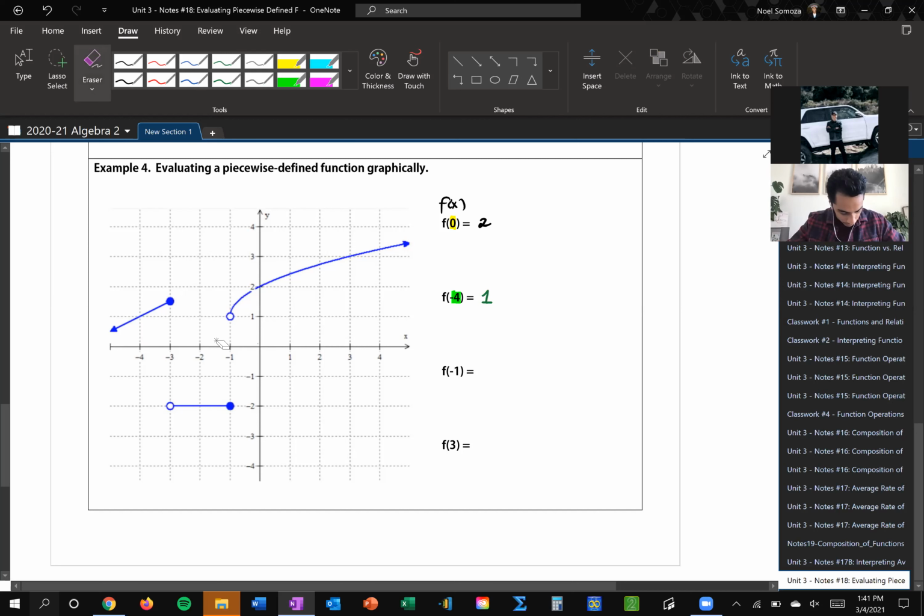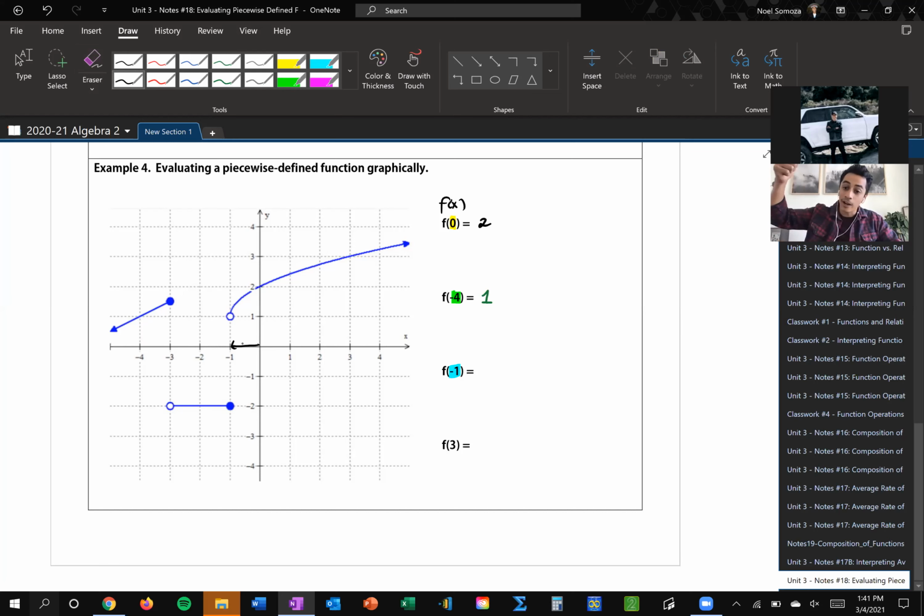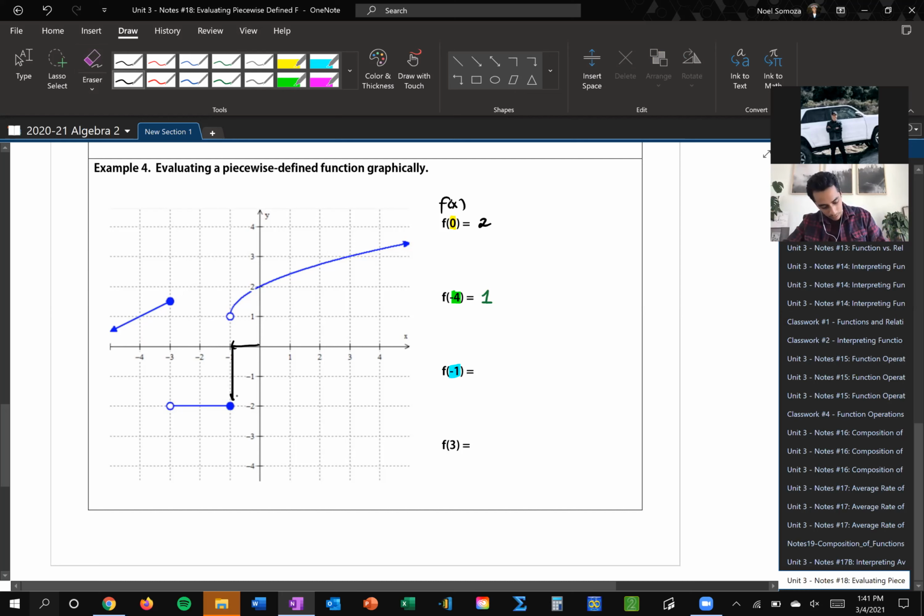All right, here's the fun one. When x is -1, oh, I like it. -2, right? Because if you go up, it's undefined, right? There is no y value up there. But if you move downwards, you're going to meet the defined point, which will be -2. All right, very good.